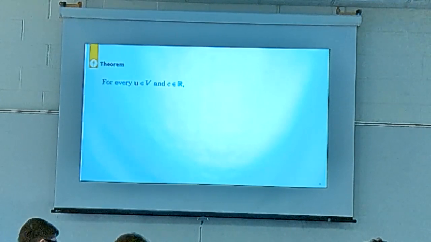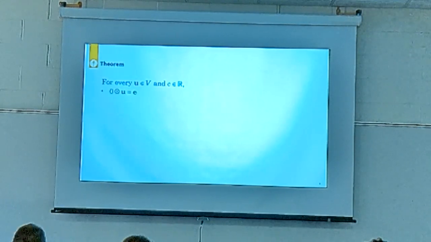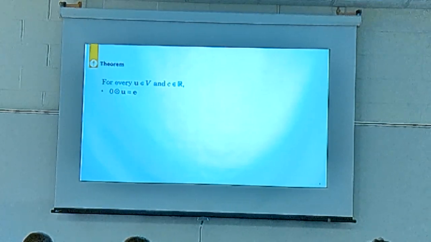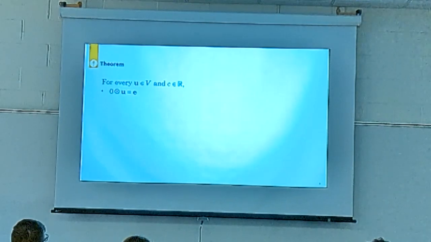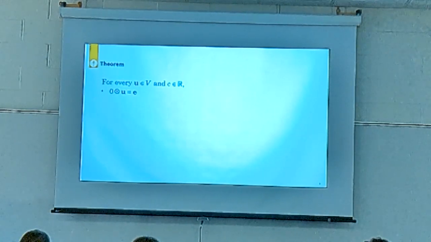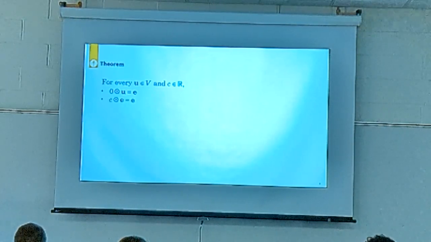For every u in V and real number c, 0 times u is the additive identity. C times the additive identity is the additive identity.